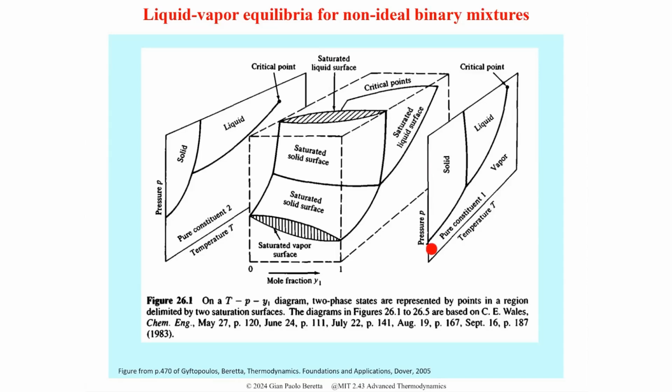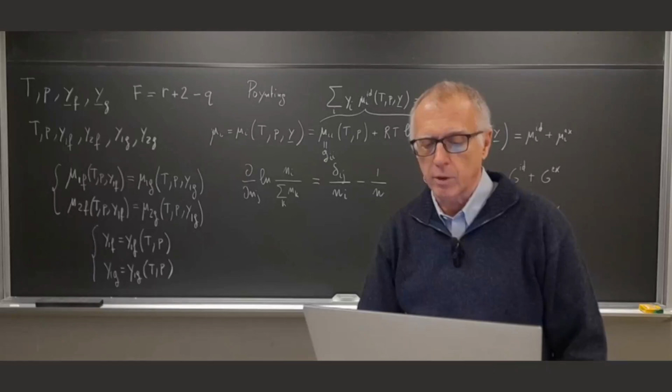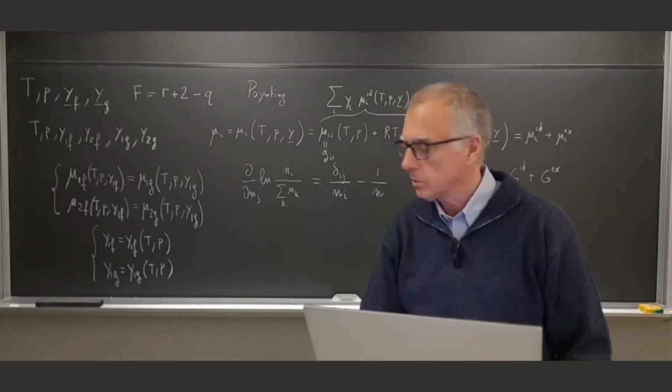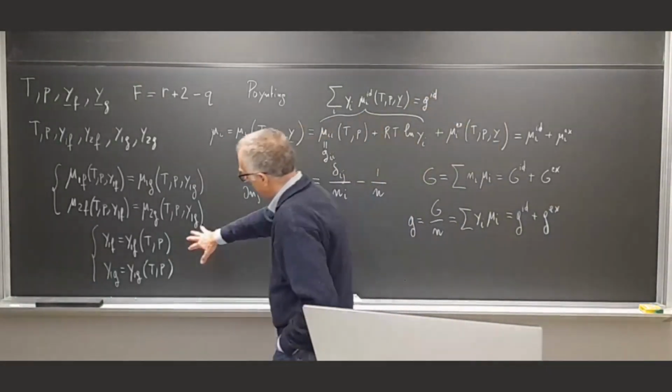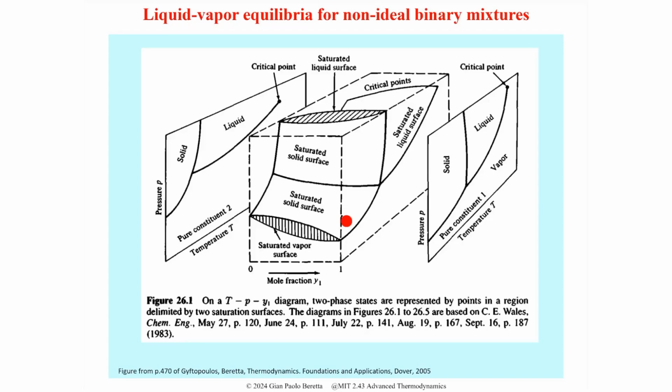So here I have pressure and temperature. I fixed the pressure and the temperature. And then that system of equations gives me the mole fraction of the liquid and the mole fraction of the vapor. So I have this surface. That equation gives me an equation of this surface here.